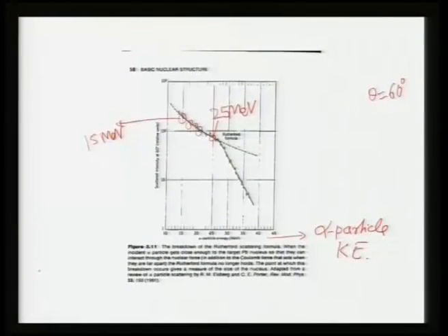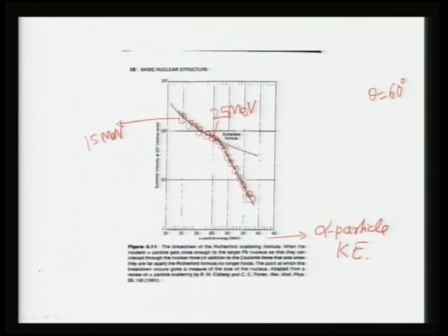This is how all the data points are there. You have a point here, here, here, and so on. These are experimental data points.